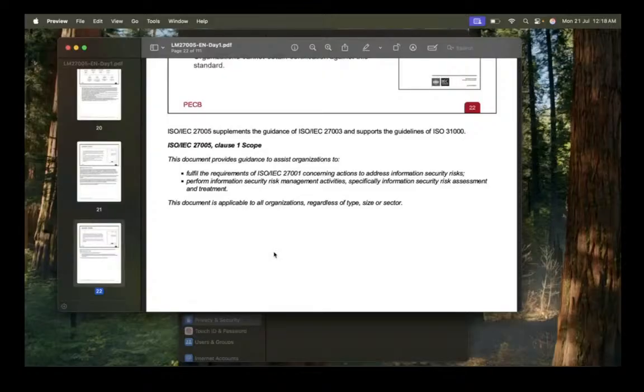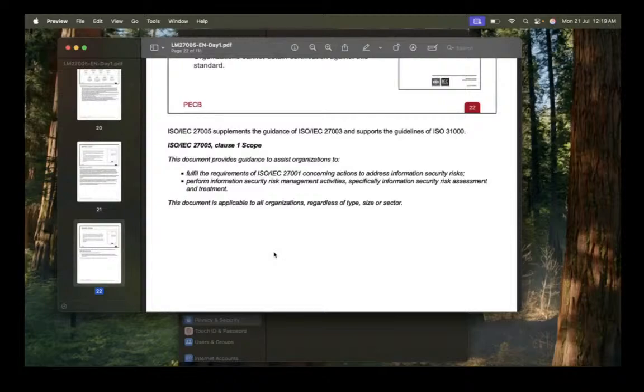So whatever requirements are mentioned in ISO IEC 27001, this ISO 27005 helps fulfill them. It is a guidance document on how to fulfill those requirements. The next important point is that it also assists organizations to perform information security risk management activities, specifically information security risk assessment and treatment.